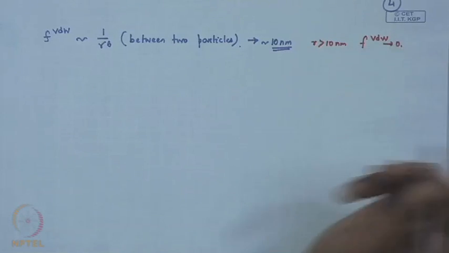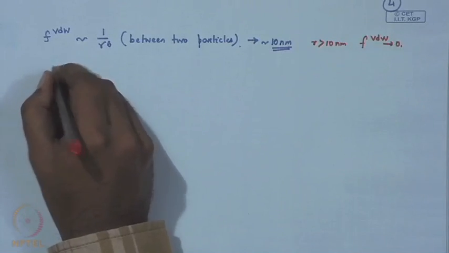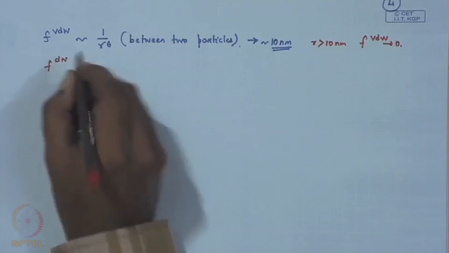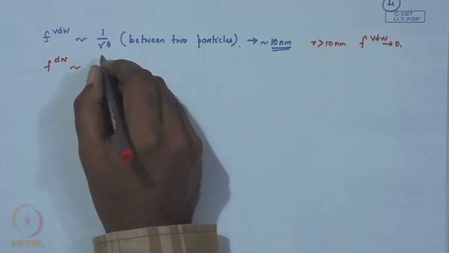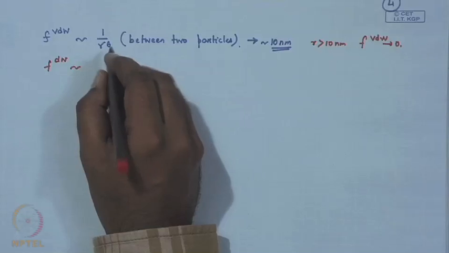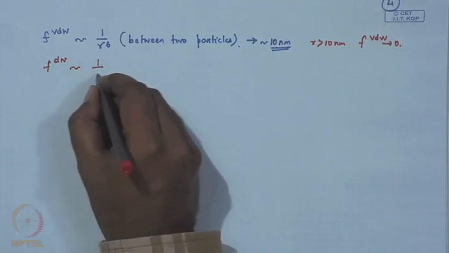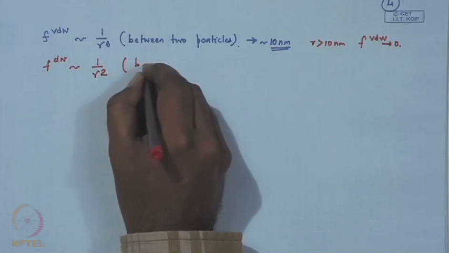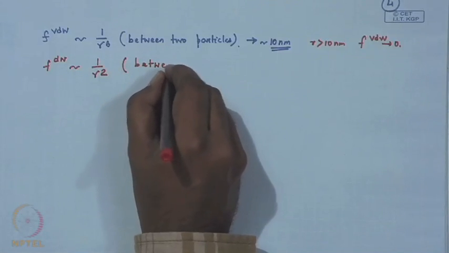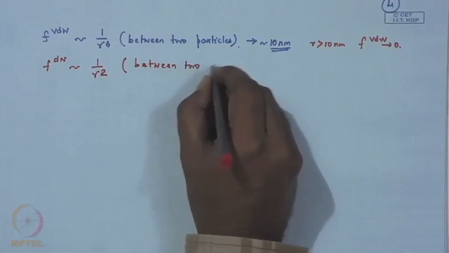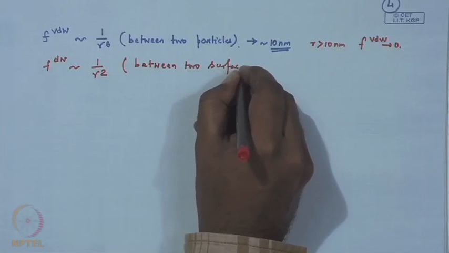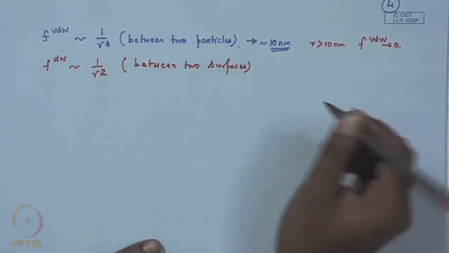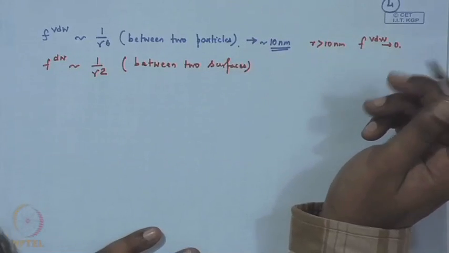tends to 0. The other thing you need to understand at this moment, and we will take up the derivation after a couple of classes, is that this same force scales as 1 by r square between two surfaces. How r square comes from r to the power minus 6 we will show.